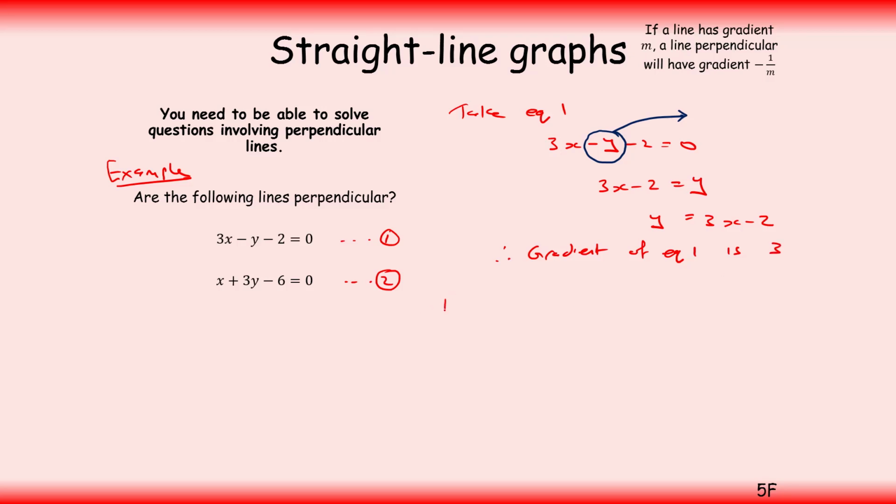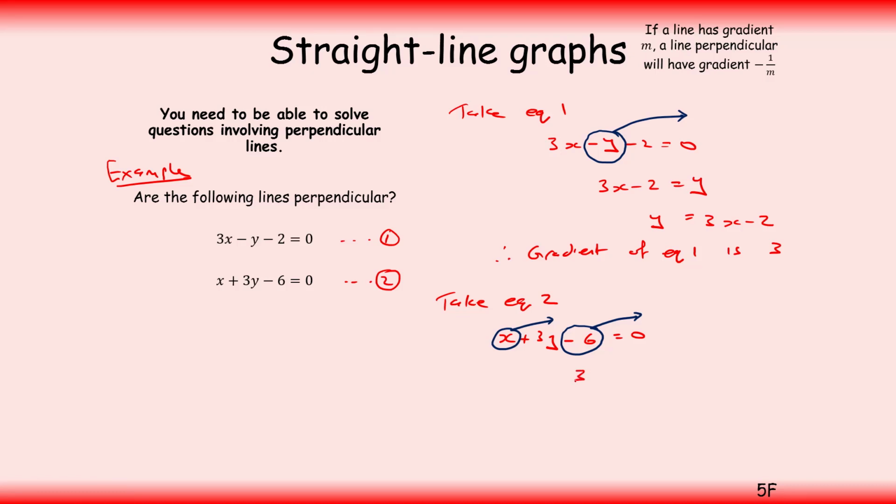And then let's take equation 2. That's x plus 3y minus 6 is equal to 0. I'm going to do the same thing, but this time I'm going to keep my 3y on the left hand side and put my x term and the number on the other side. So the x is going to become negative and the 6 is going to become positive.